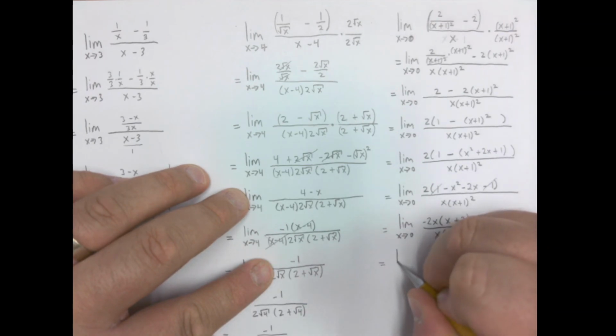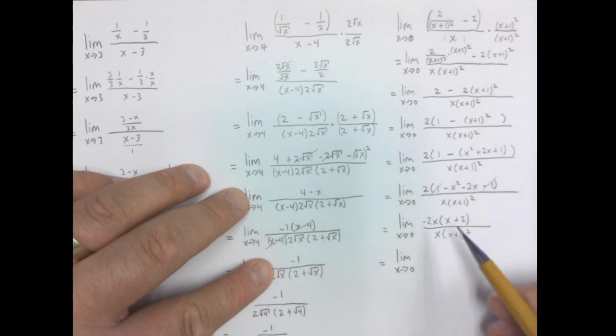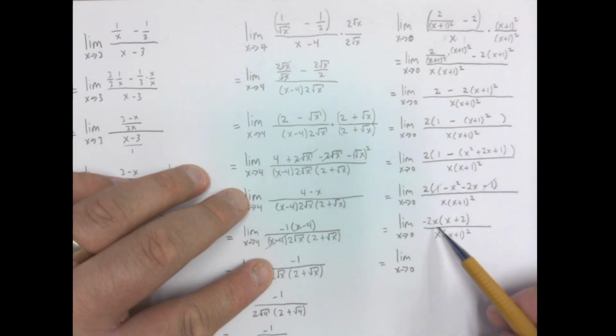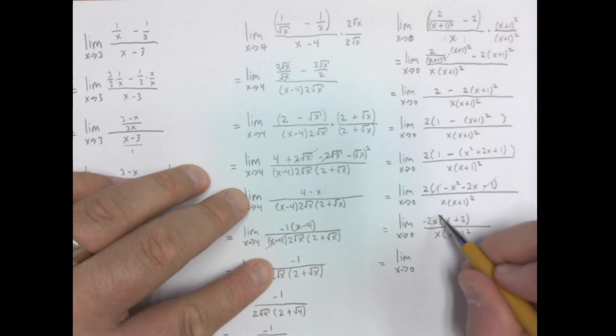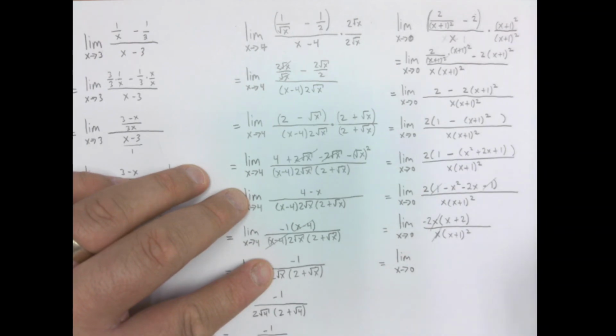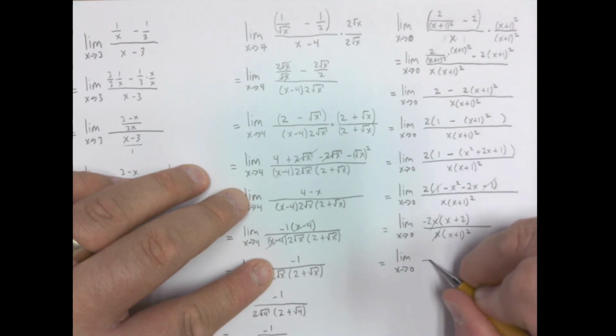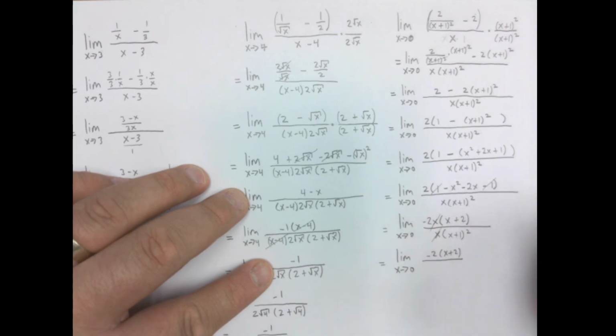Now the reason I factored out an x, or a negative x, is that now I have a nice cancellation. x factored out on the numerator, x factored out on the denominator. I can divide those out, which leaves me on the numerator with negative 2 times x plus 2 divided by x plus 1 squared.